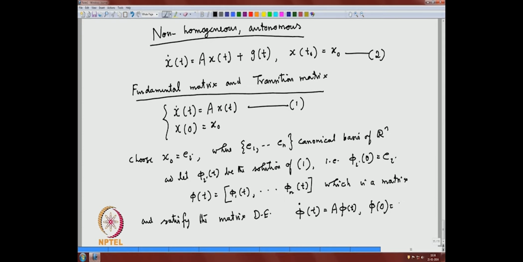Phi at 0 is nothing but identity, because phi 1 at 0 is 1 0 0 etc., phi 2 at 0 is equal to 0 1 0 etc. It will satisfy the matrix differential equation. Okay.